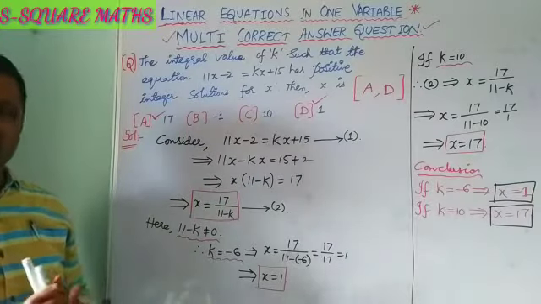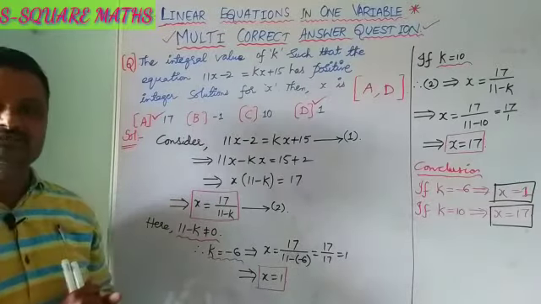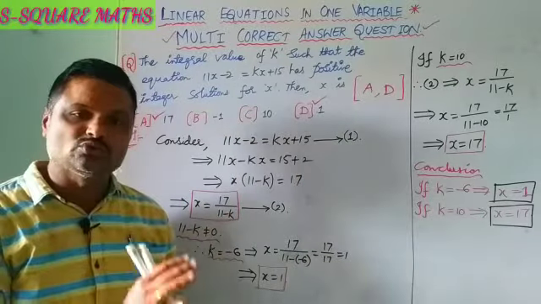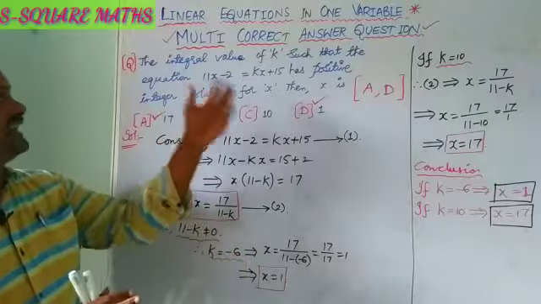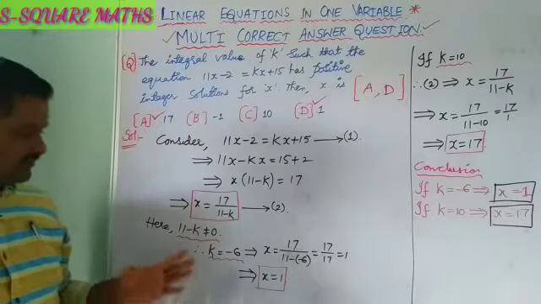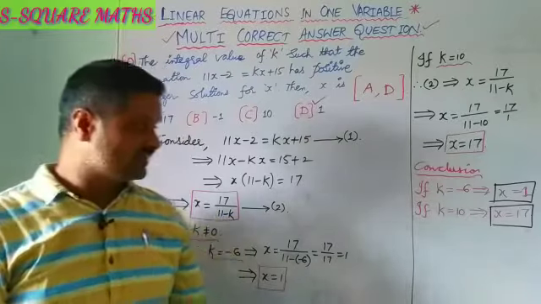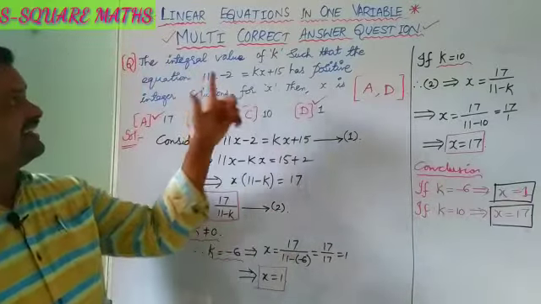So viewers and the various examination aspirants who are going to crack entrance examinations, go through the options carefully for multi-correct answer questions. I hope this is the best experience for you for multi-correct answer questions regarding linear equations in one variable.